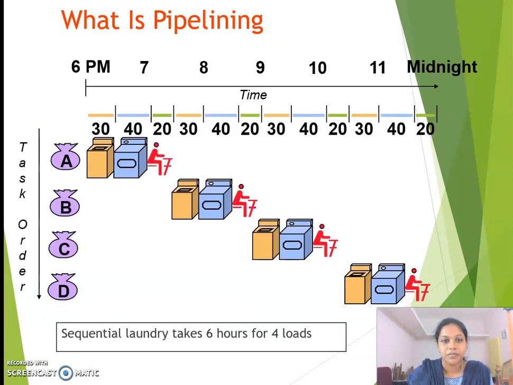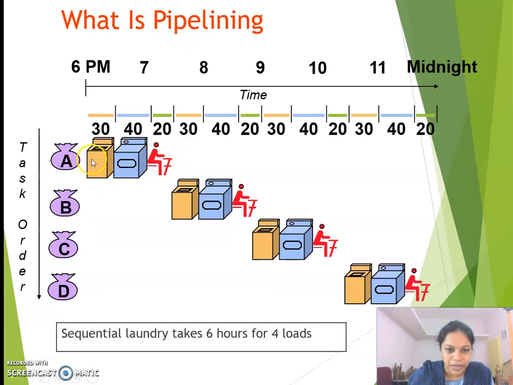This is the execution without pipelining. First, person A is going to wash the clothes, then dry, then fold. Washing takes 30 minutes, 40 minutes for drying and 20 minutes for folding.